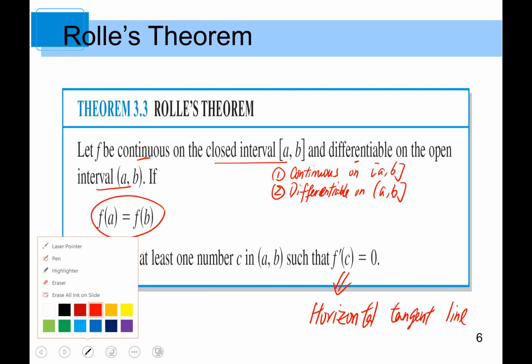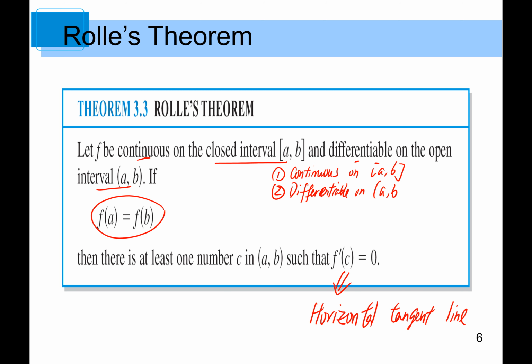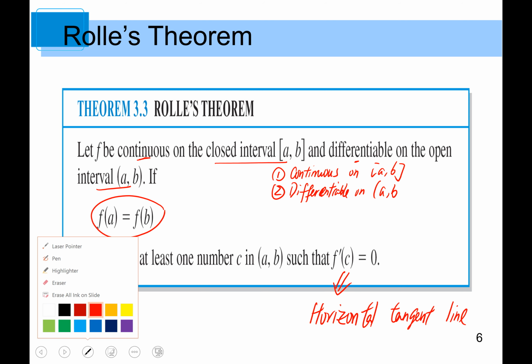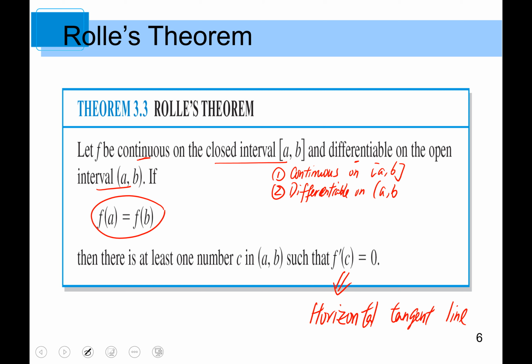And the third thing is f of a equals f of b. If these three conditions are satisfied, we guarantee there's a horizontal tangent line within the interval.